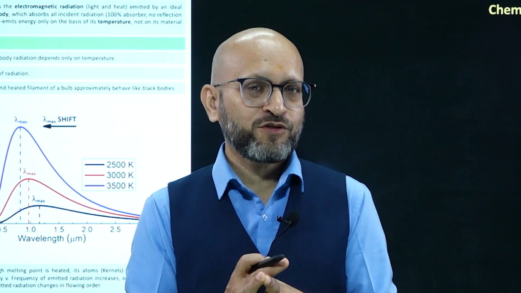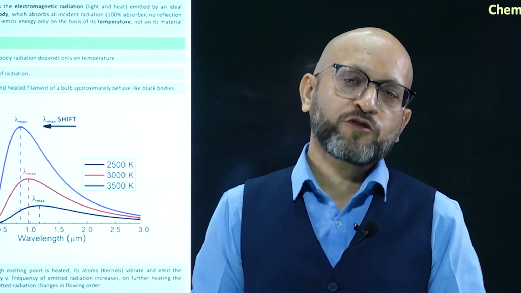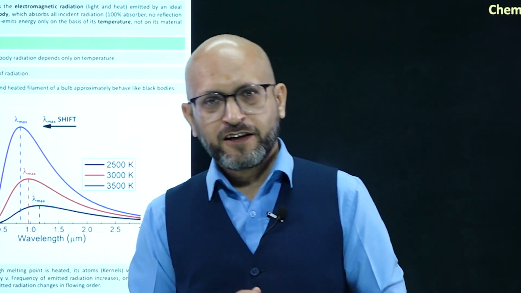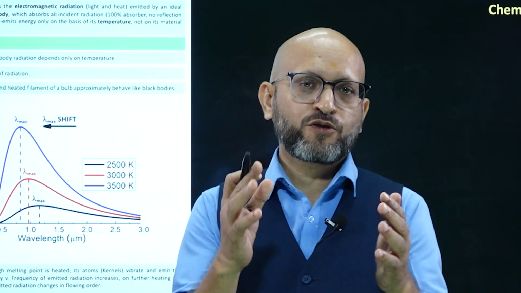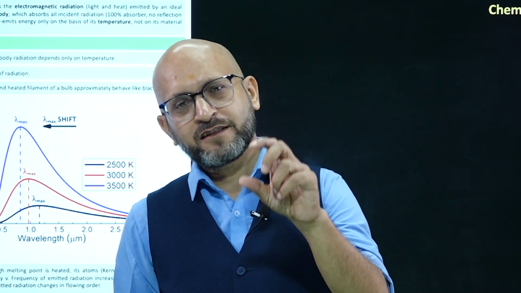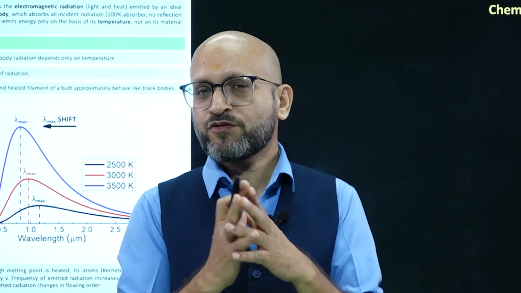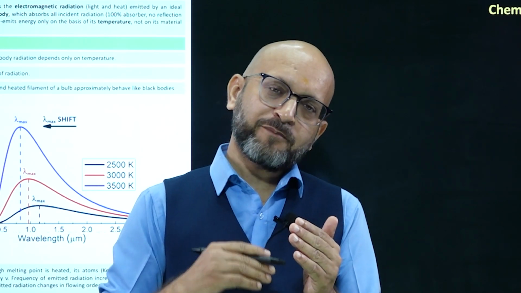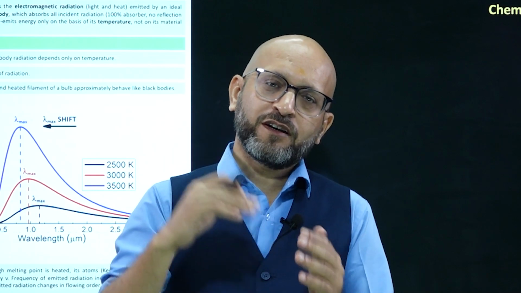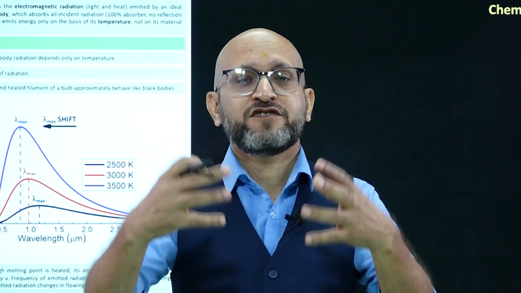So let us try to figure out how it was different from the initial electromagnetic theory. If the initial electromagnetic theory was true, then the color of a heated object would always remain the same. But what used to happen is, as the temperature of a heated body increased, the color used to change.